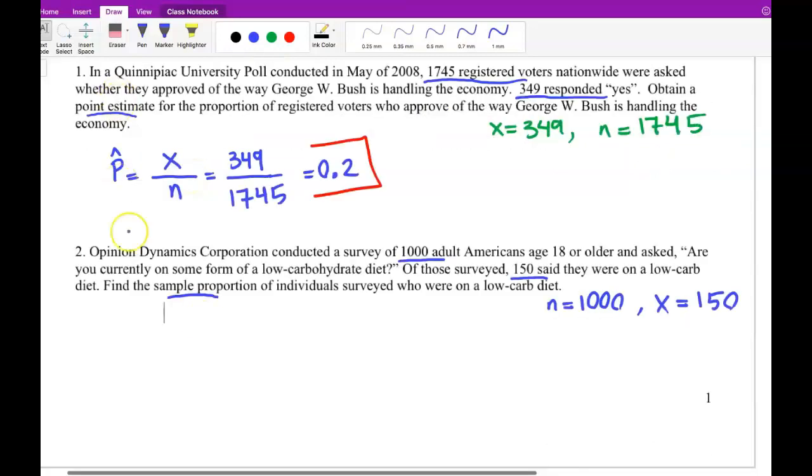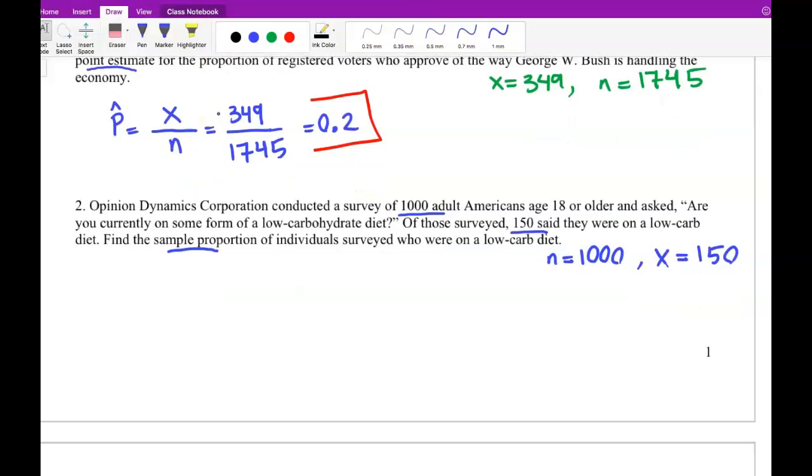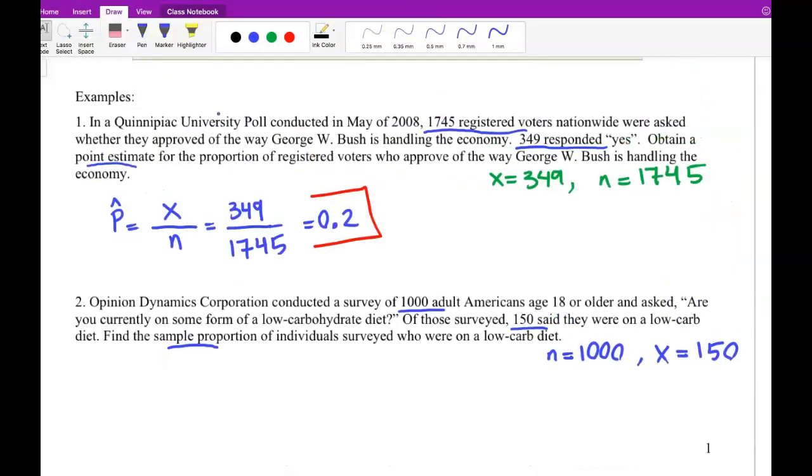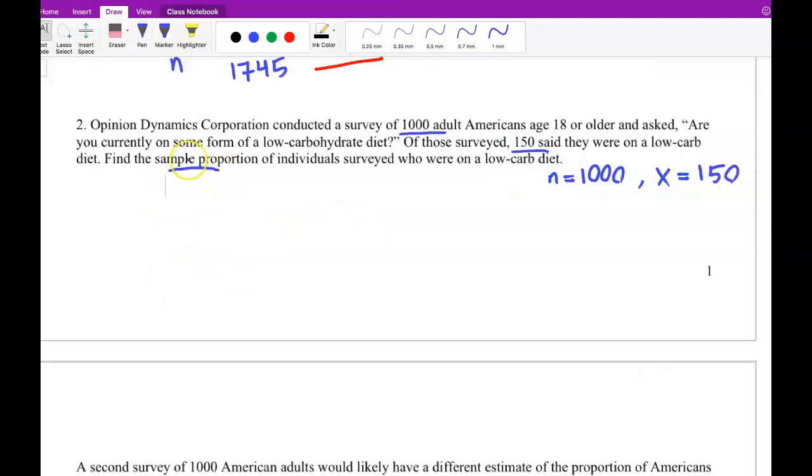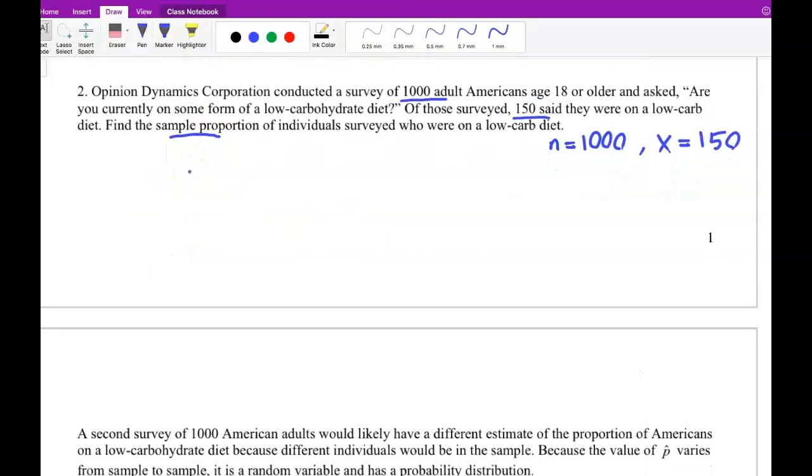Here is the point estimate for the proportion, which is exactly the same as for the voters. We are asking for the sample proportion. P hat is x divided by n. There's 150 and here 1,000.